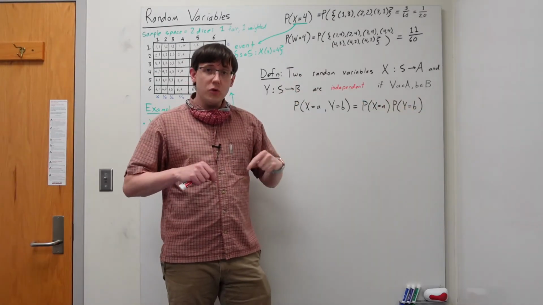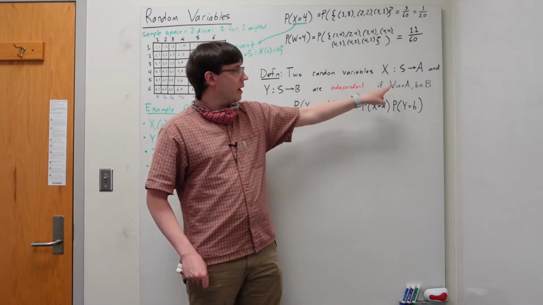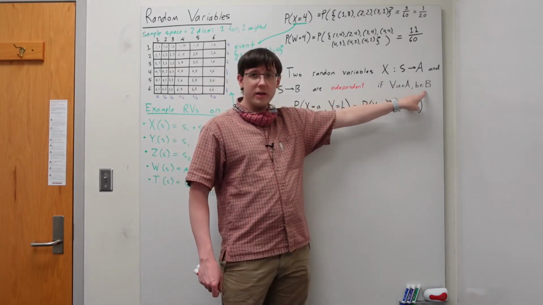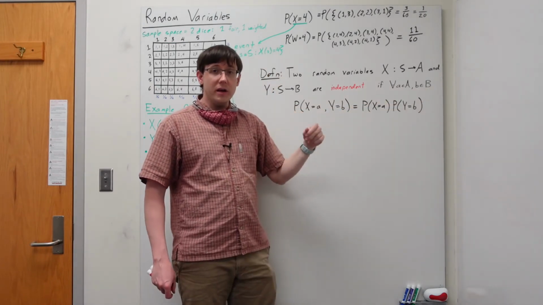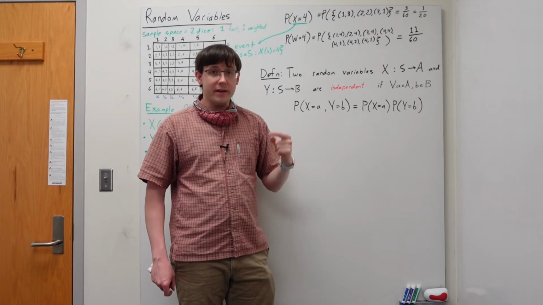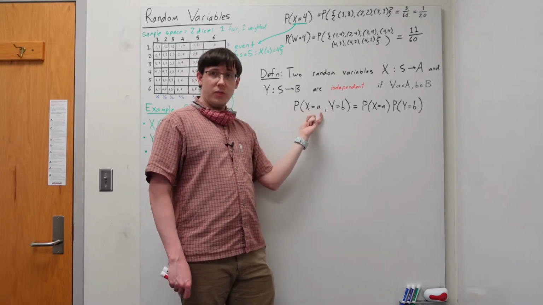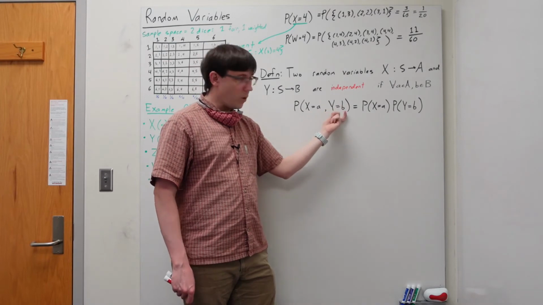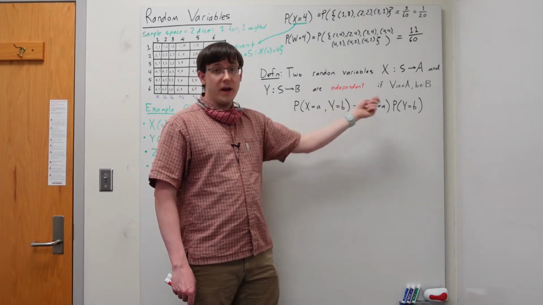So we say that two random variables are independent if, for every pair of values they could take on, the probability of the joint event that X takes on the first value and Y takes on the second, those events are independent.